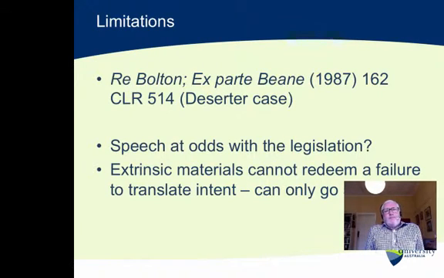Now, in the Bolton ex parte Bean case, it's interesting to notice from the extract in the textbook that the speech given in the introduction of the legislation was pretty clear.